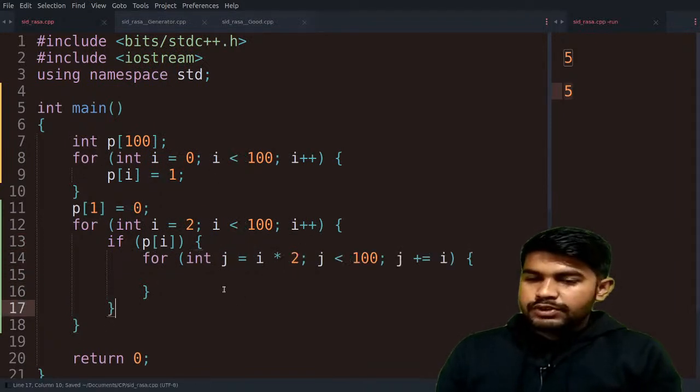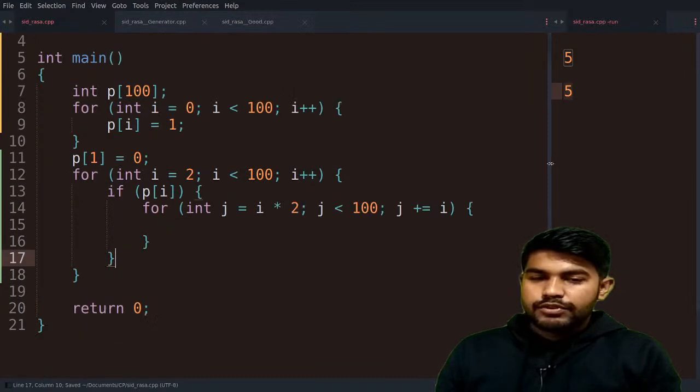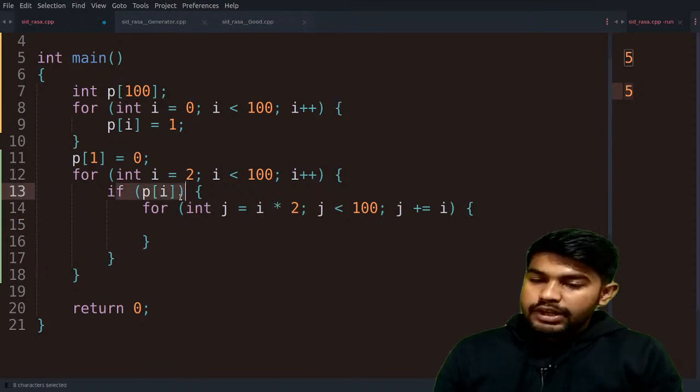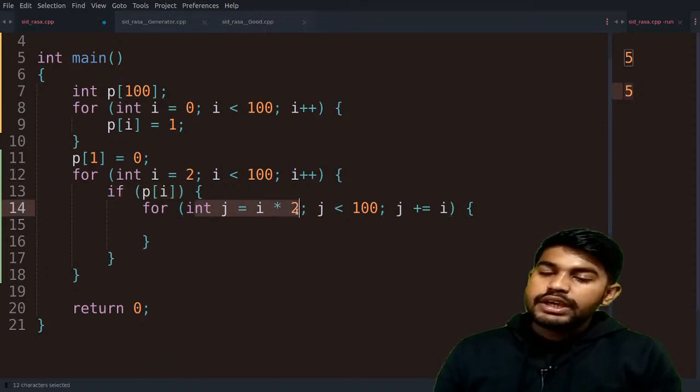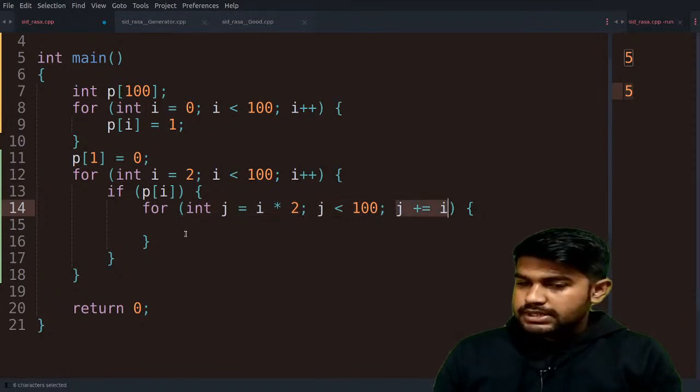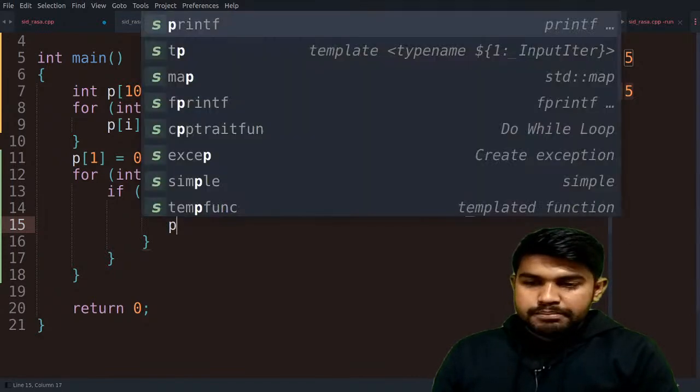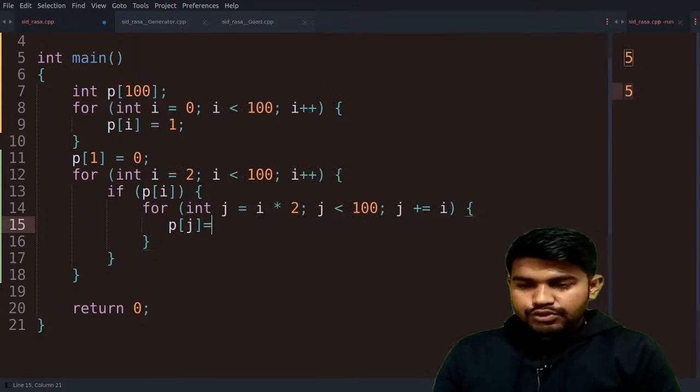So if p of i will be true, then we would start moving in i multiplied with 2, and j would be less than equal to 100, and j plus equals i. Then, this is absolutely very important, we would mark p of j as false.